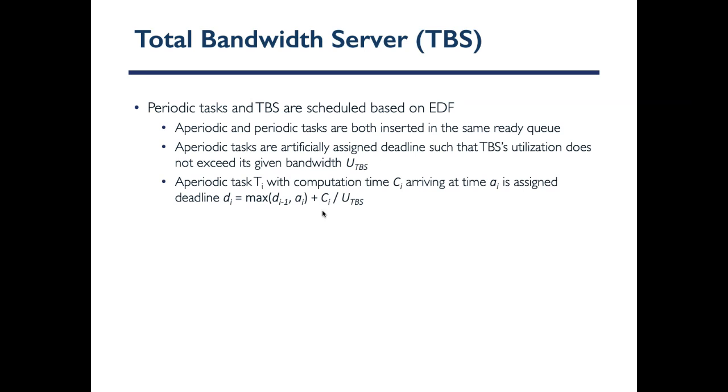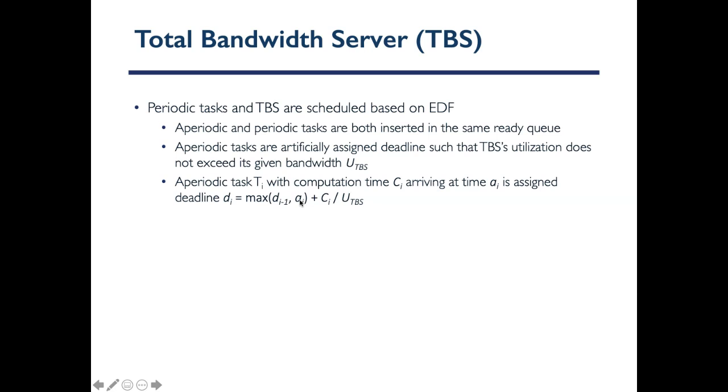So when you want to set a deadline for task i, let's say aperiodic task i arrives at time a_i, and it has a computation time of C_i, then the artificial deadline that we're going to assign is the maximum of the deadline of the previous aperiodic task and the arrival time, plus C_i divided by U_TBS.